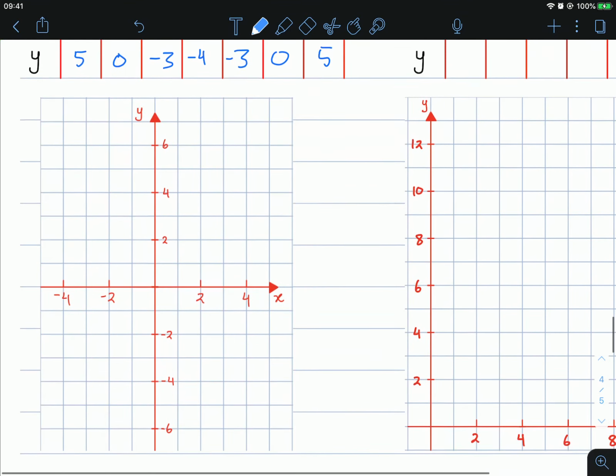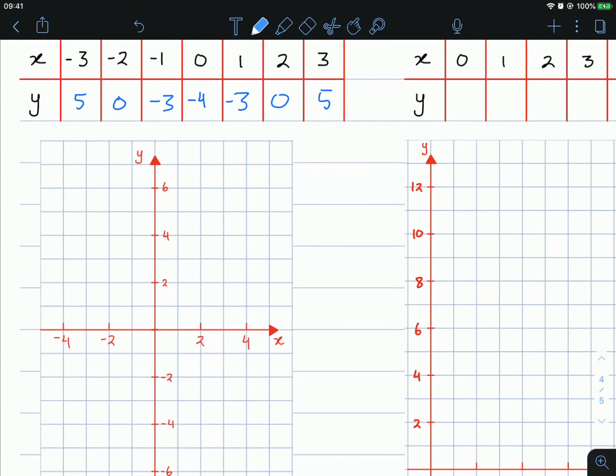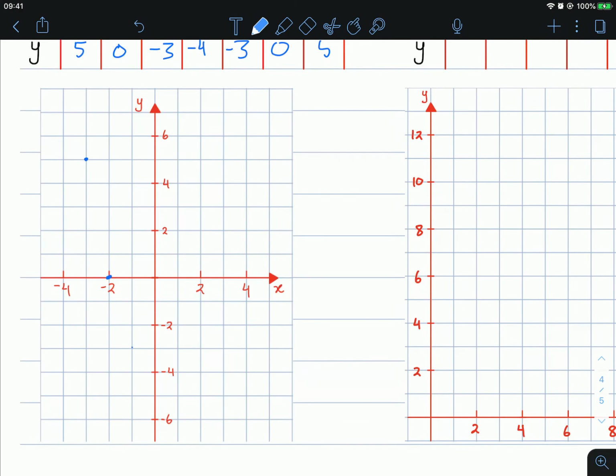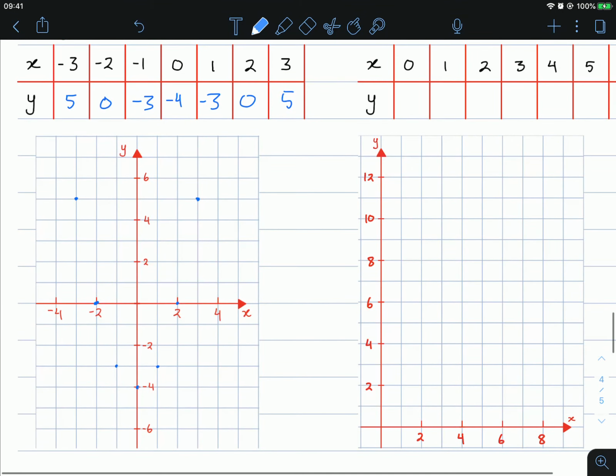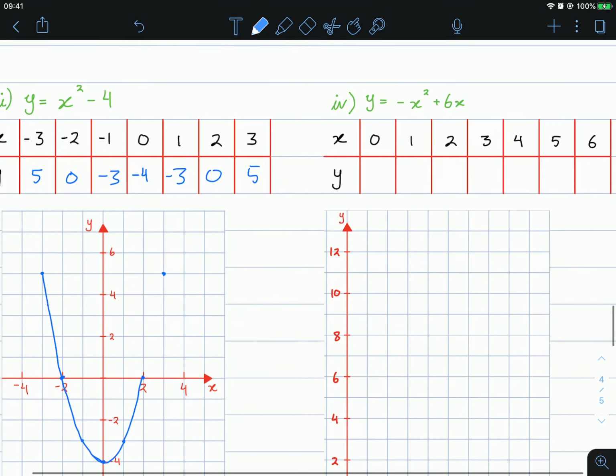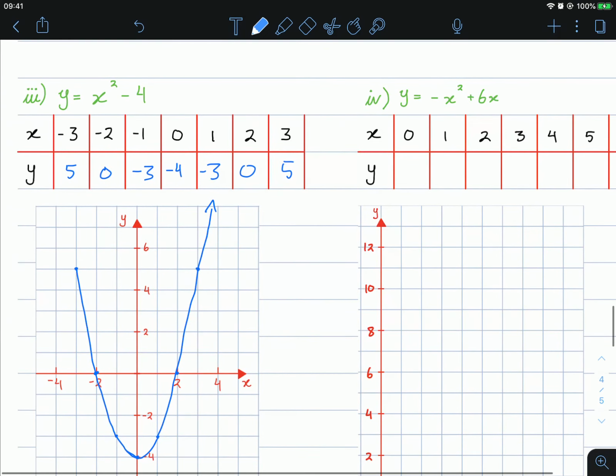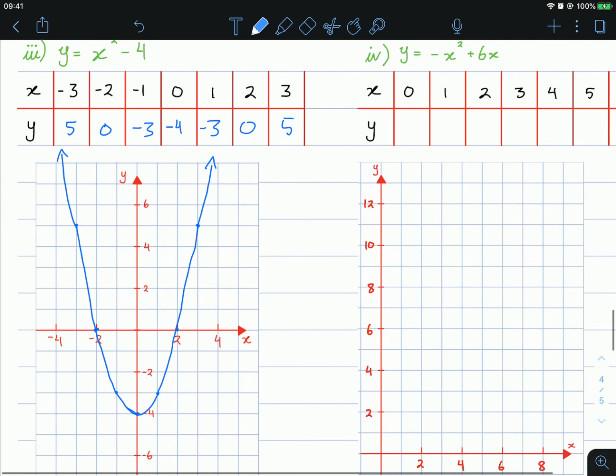Plotting out these points, (-3, 5), (2, 0), (1, -3), (0, -4), and mirroring it on the other end like so. And there we have it.